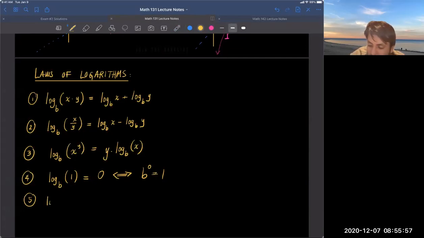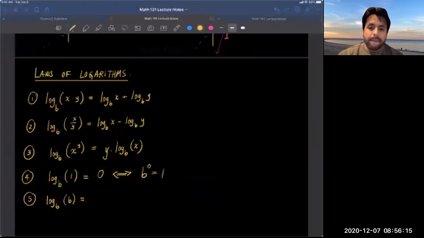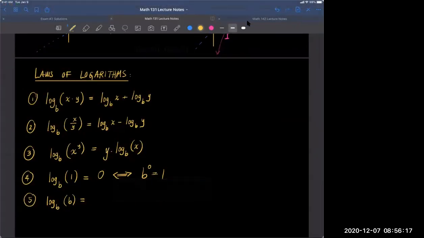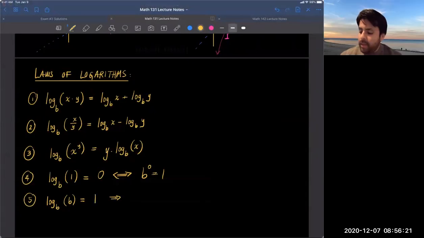And then what's log base b of b? What's log base b of b? 1. Why is that? Because b to the first power is b.